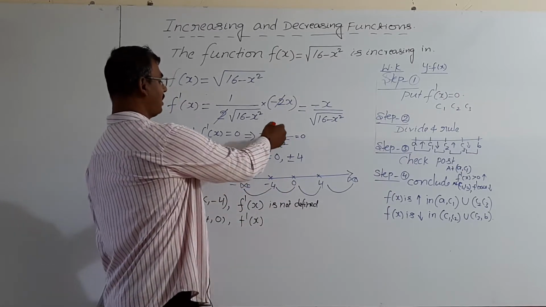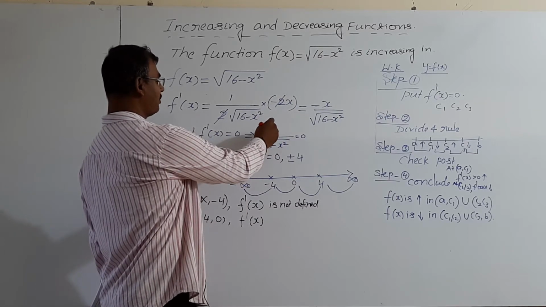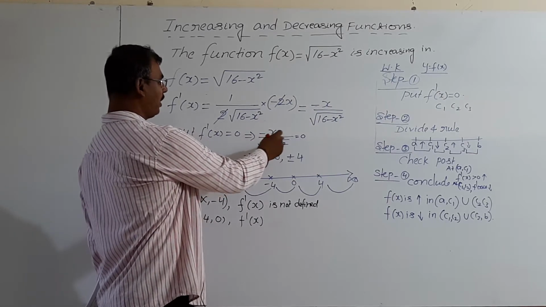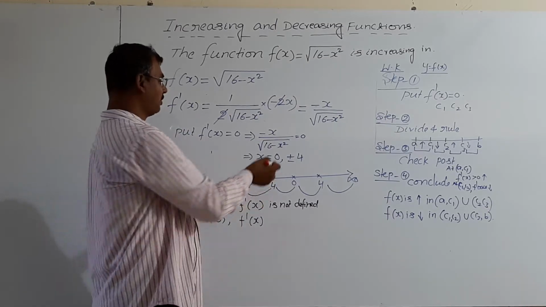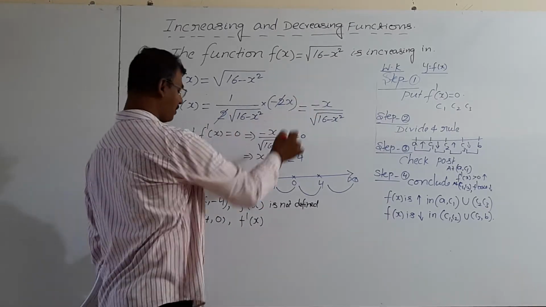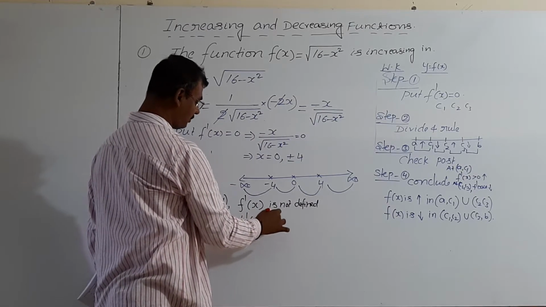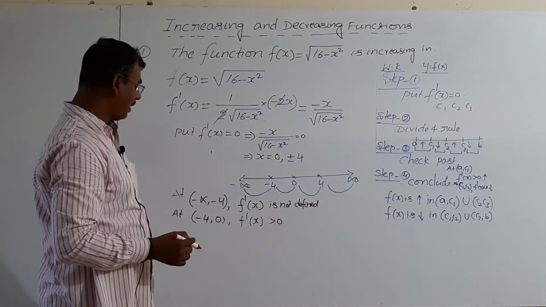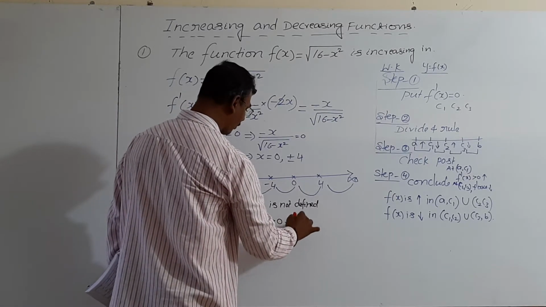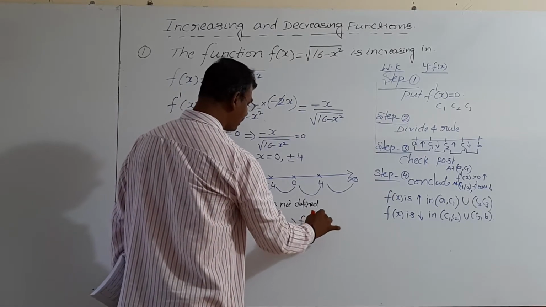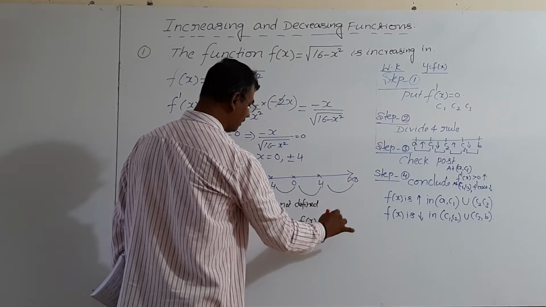Substituting minus 1 gives plus 1 divided by the square root of 16 minus 1, a positive quantity. So, f dash of x is greater than 0. That means f of x is an increasing function.